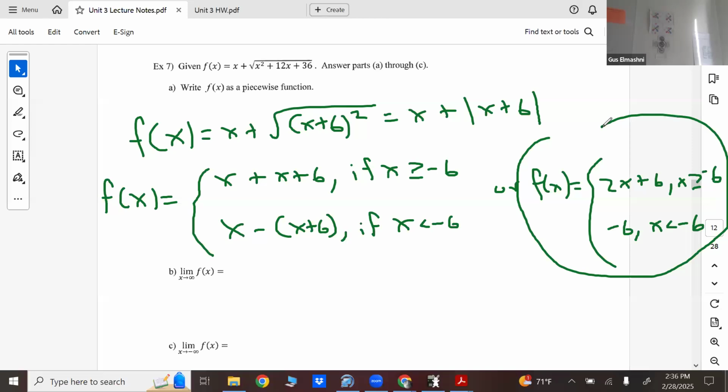I know I have to use this one if x is approaching positive infinity, so basically it's 2 times infinity plus 6, which is just infinity. But for this one, I have to use the bottom one. That's just going to be -6. Oh, I see why it's helpful. Yeah, because if I plug in negative infinity or negative numbers, it's kind of hard to tell what's happening.